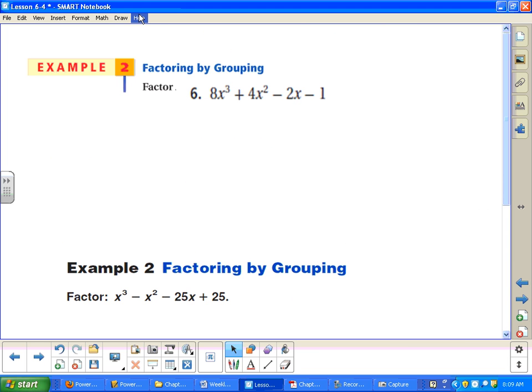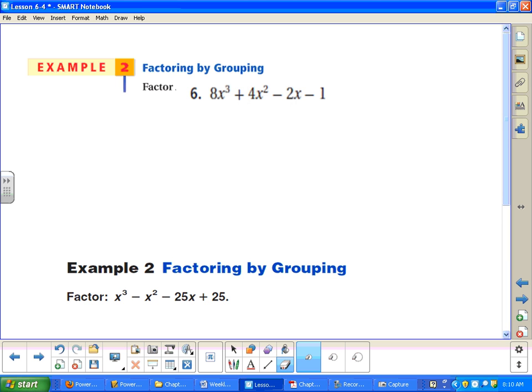Okay, so we're going to factor by grouping. Whenever we have 4 terms and they decrease in degree by 1 each time, then you can try to factor by grouping.